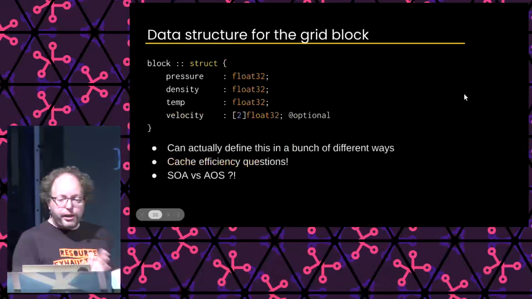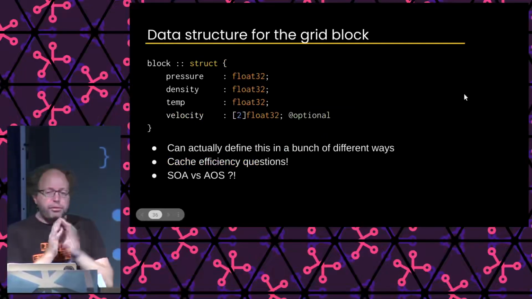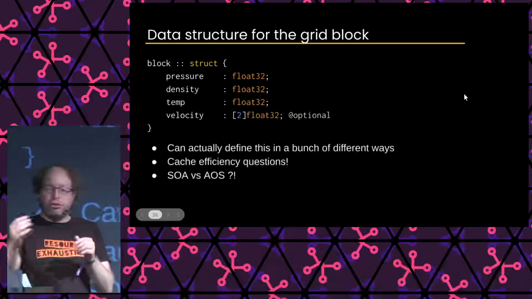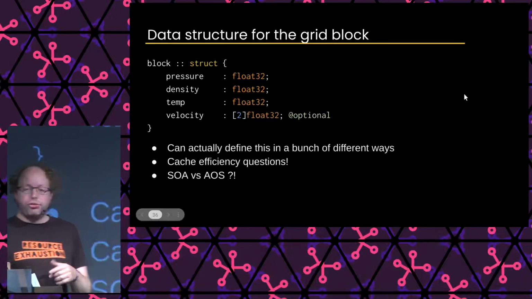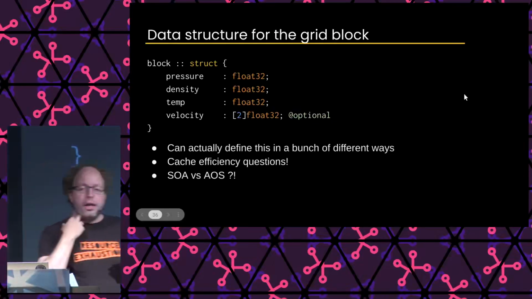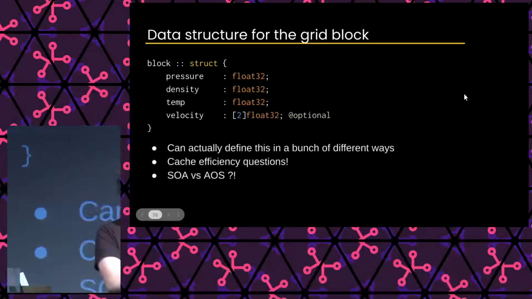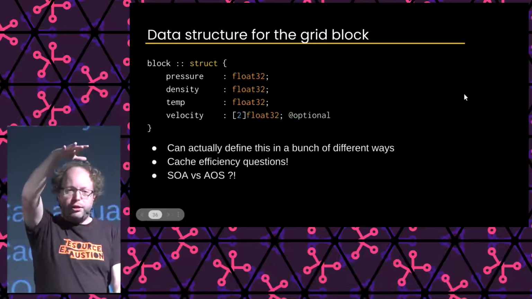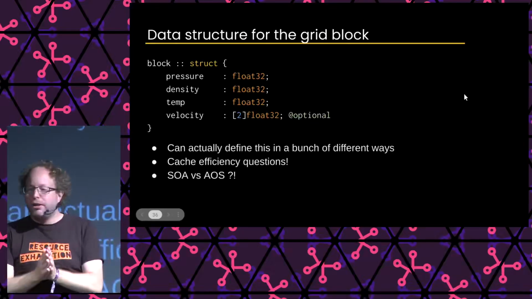And this is fine. So then you need some kind of data structure. And so remember, each grid block is essentially just a structure of data in memory that stores a bunch of values, so pressure, density, temperature, and so on. And some of these are more fundamental than others. Some arise naturally from, like, if you start with quantum physics and work your way up, you'll end up with pressure and temperature coming naturally out of it.